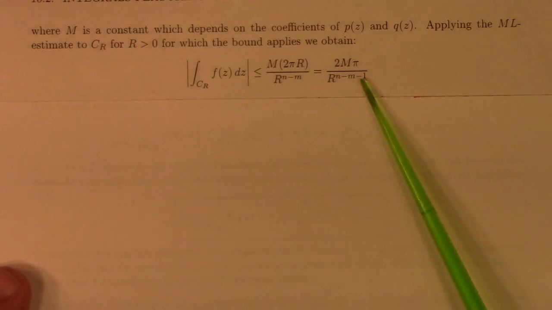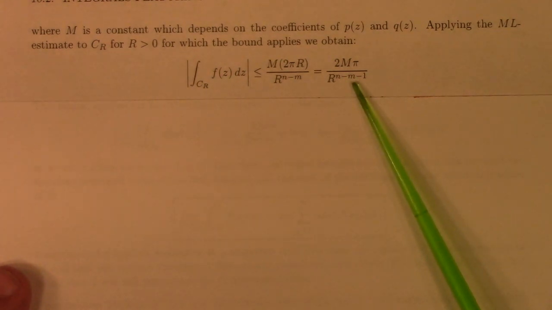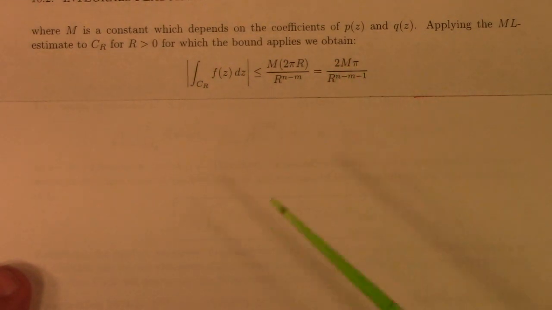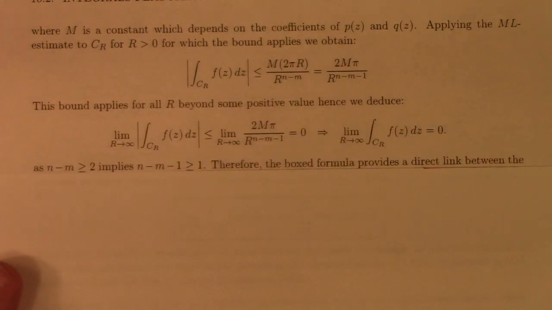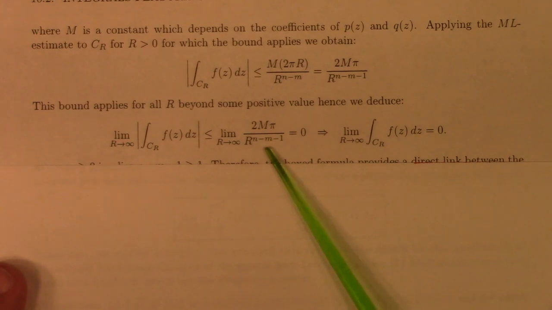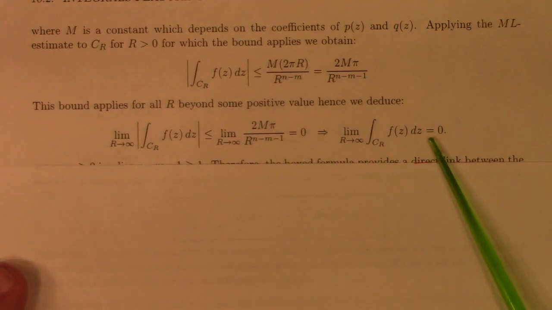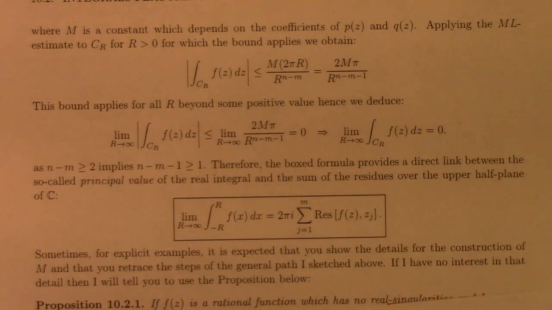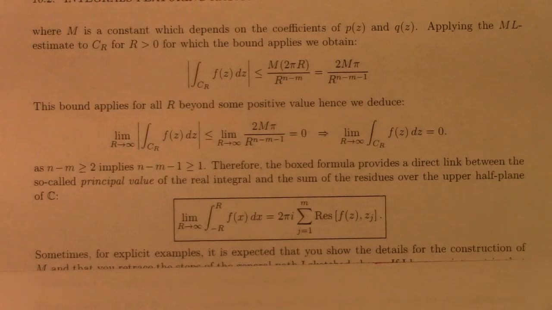But remember, we assumed that n minus m was greater than or equal to 2, so this power is at least r, and in the limit as r goes to infinity, this goes to 0. So the integral over the outer loop, the half circle, is just 0, which is really cool.